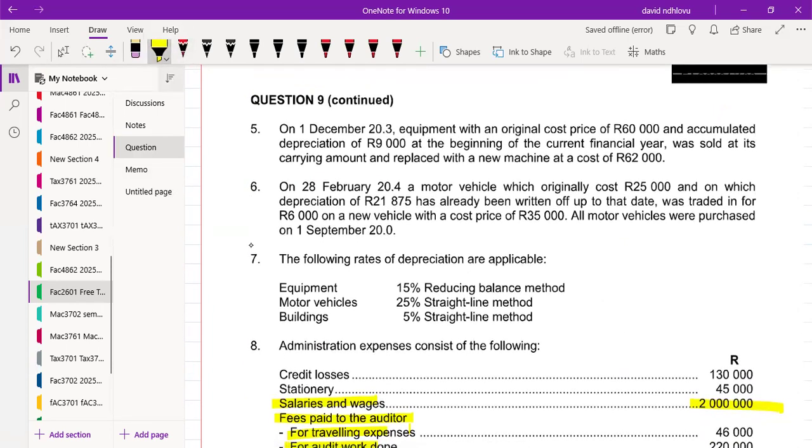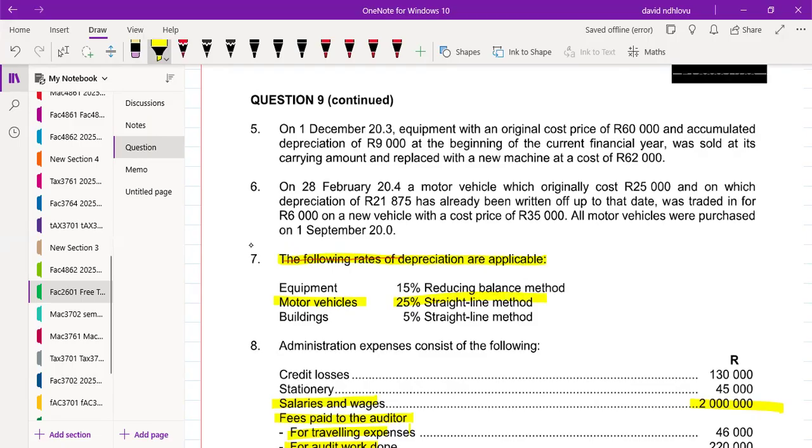Right, then I want to go to the additional information, where they say the following rates of depreciation are applicable. Motor vehicle, 25% straight line.